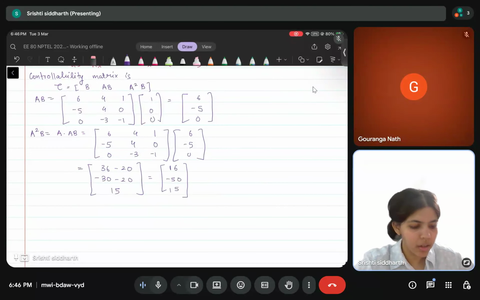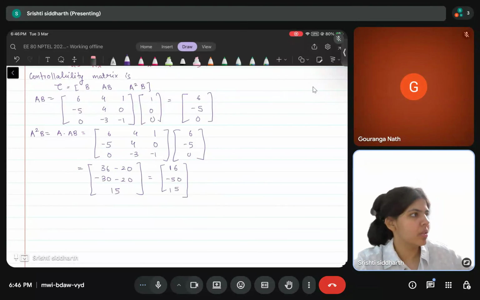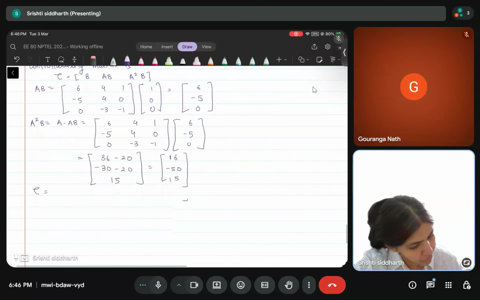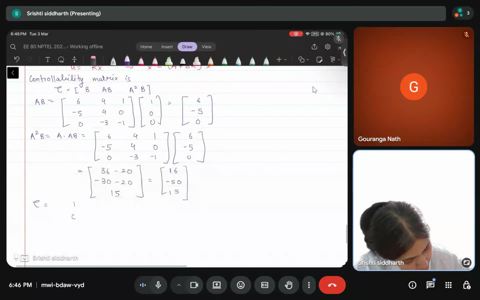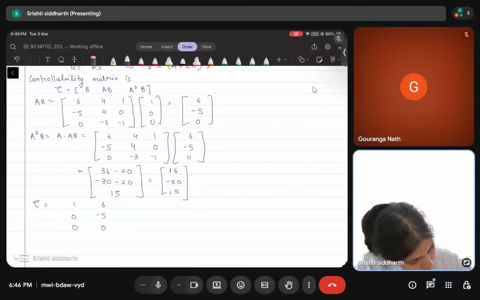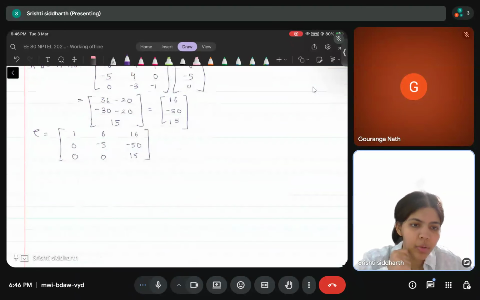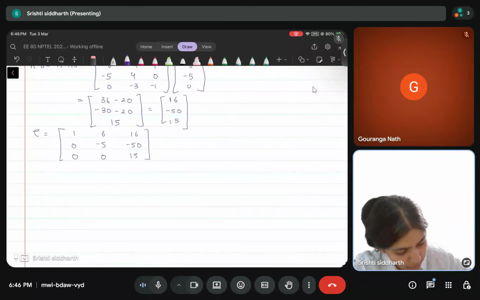Let me know if there are any mistakes with the calculations. So in this case, C is going to be [1, 0, 0]. This is a square matrix of size 3 by 3. To check the rank of this matrix, we can simply compute the determinant.